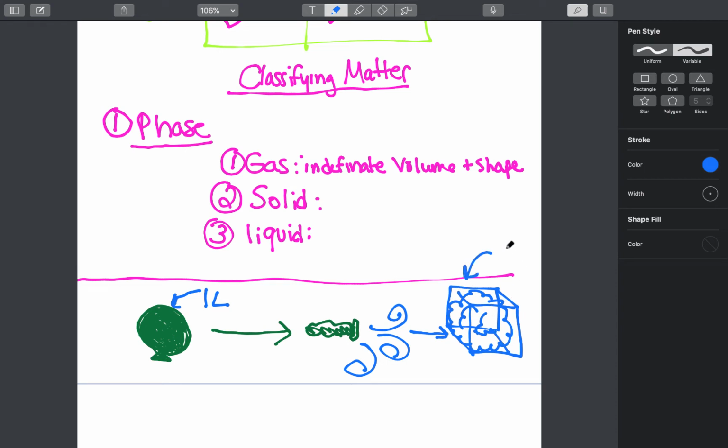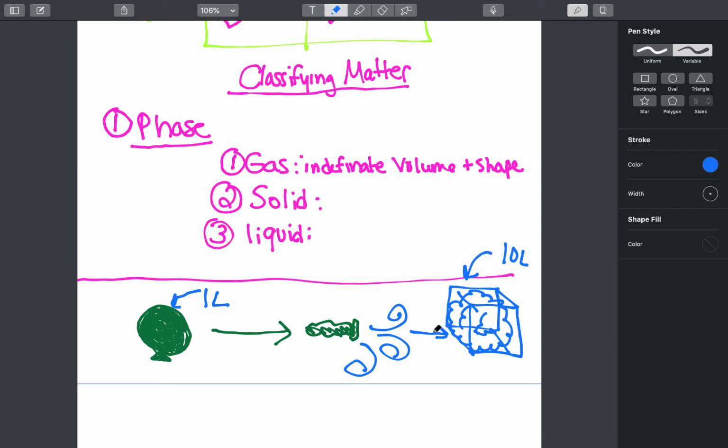Let's just say it's 10 liters. And it will now have a cubic shape. So in this case, the volume increased from 1 liter to 10 liters, and the shape went from a spherical shape to a cubic shape. So therefore, gases have an indefinite volume and an indefinite shape.